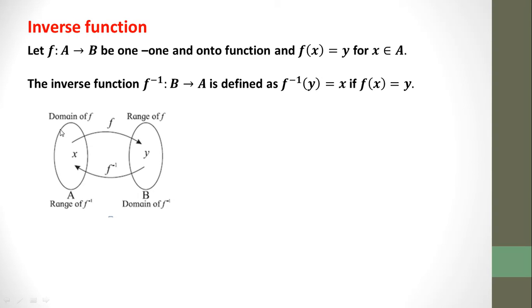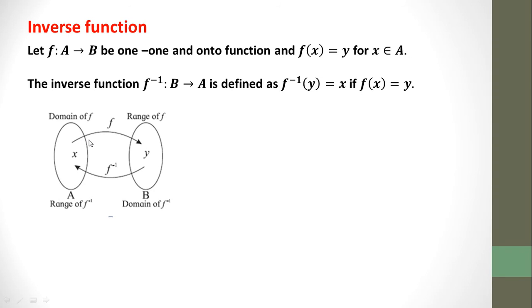In case of the inverse function, B becomes the domain and A becomes the range. f is one-one and onto, so f inverse is also one-one and onto. So f and f inverse are inverses of each other. Okay, so see this Venn diagram.